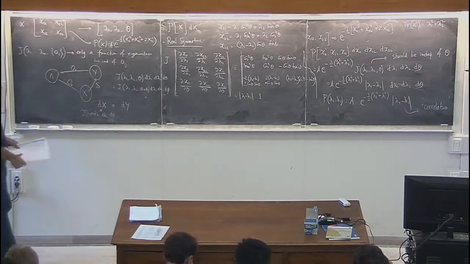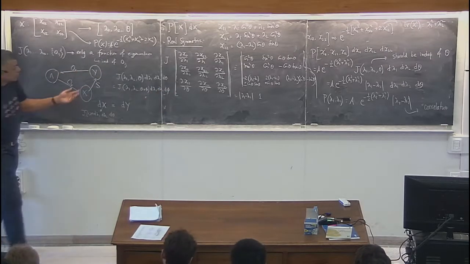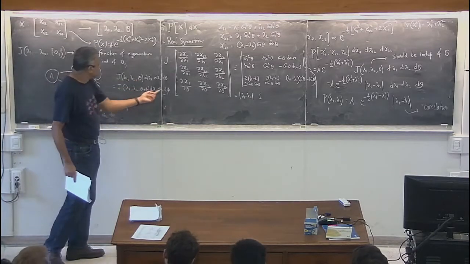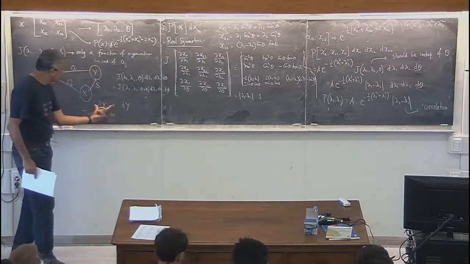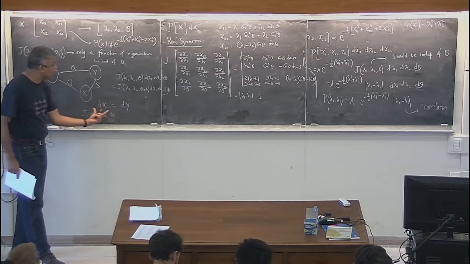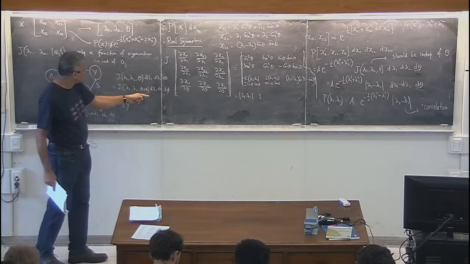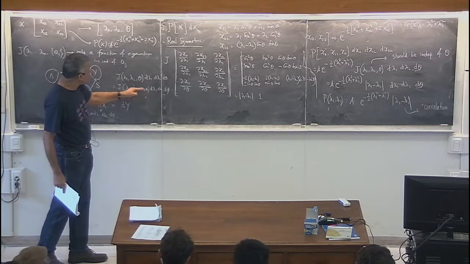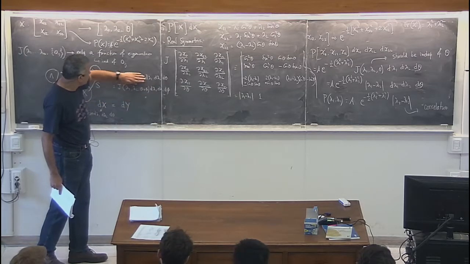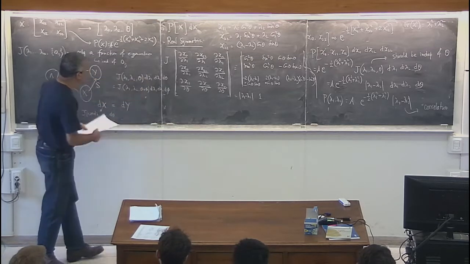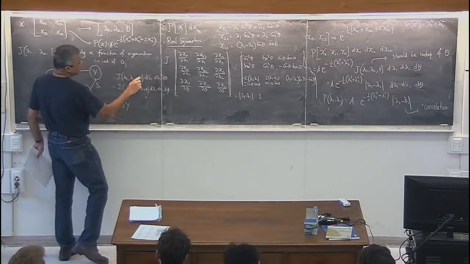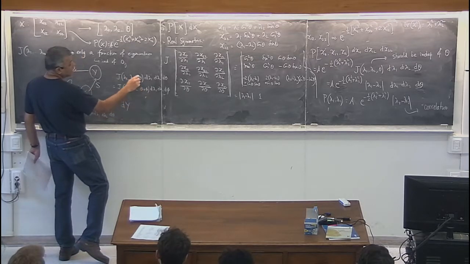Because this is invariant under similarity transformation, this should be equal, and you can choose this phi anything you like, so it should always be the same. So this J, lambda 1, lambda 2, theta, cannot depend on theta.